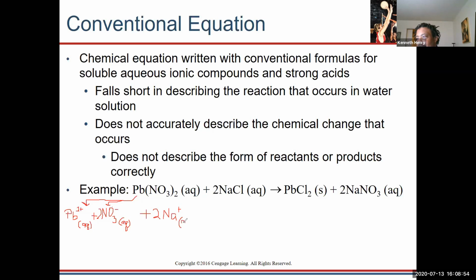I know Ryan is getting this. Cl negative. So just 1 Cl? Yep, we had to have 2 because that 2 is distributed among both of them. And we want to put AQ.